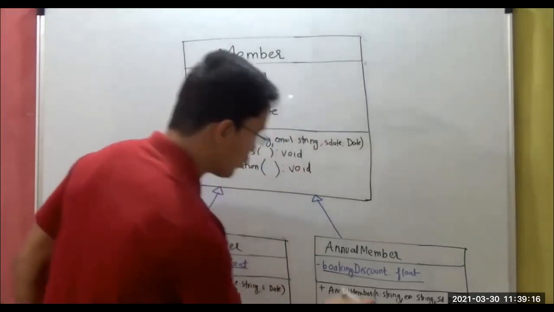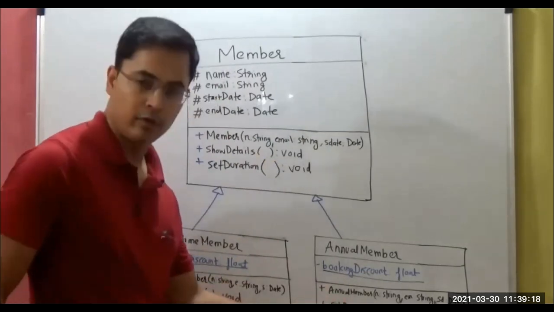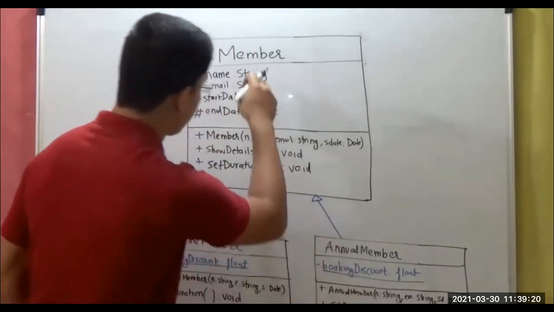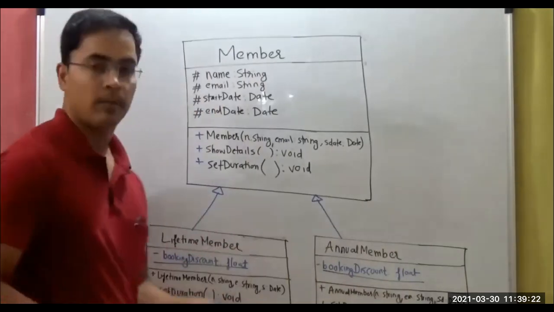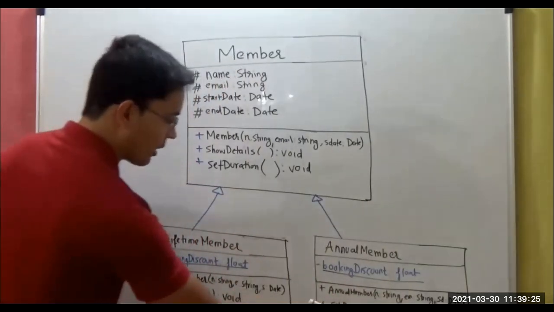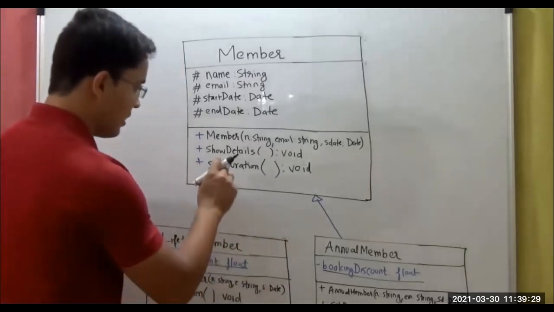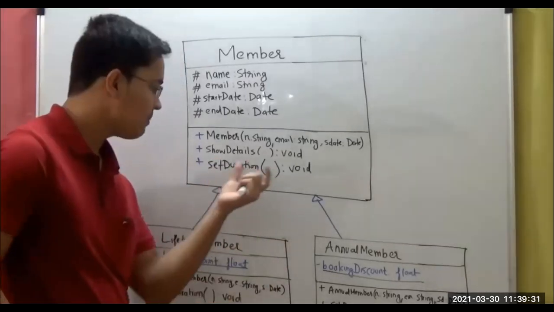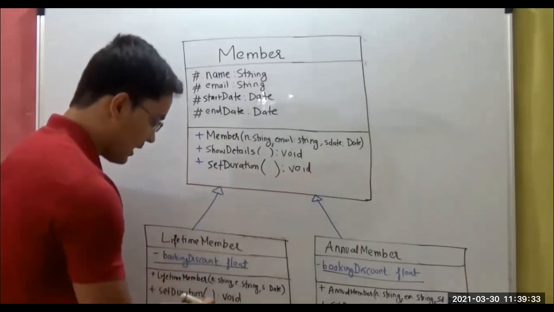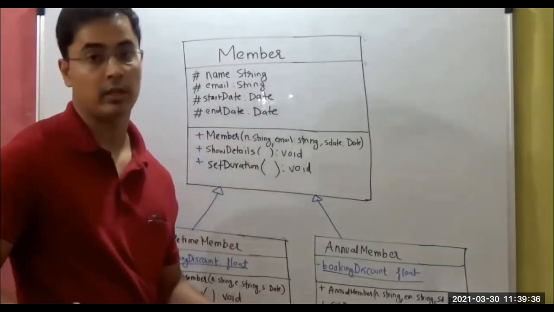Similarly here, we'll also override that behavior. Inside set duration we'll say end date equals start date, whatever has been set, plus 1 year, right? So this is method overriding. There's no special syntax. The only thing you have to pay attention to is the method signature: the name, parameter list, and return type have to match in the children classes.